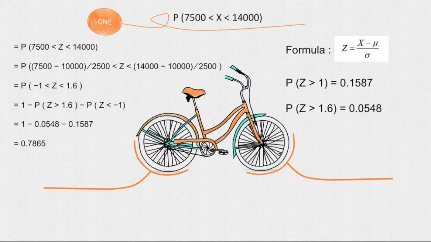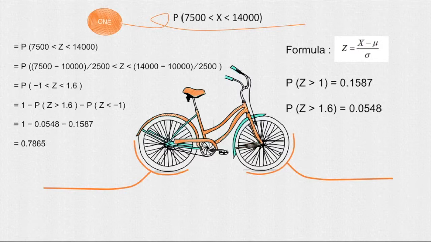According to the table of standardized normal distribution, when Z is larger than 1, the area of the probability is 0.1587. When Z is larger than 1.6, the area of the probability is 0.0548.